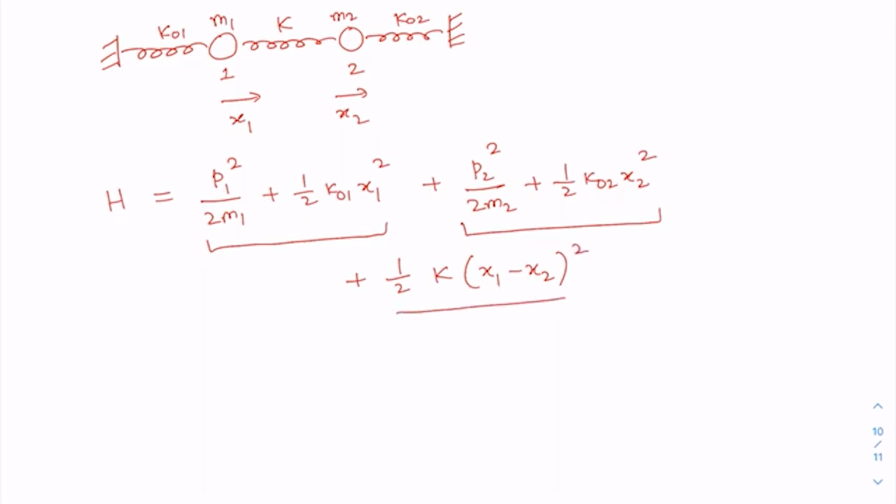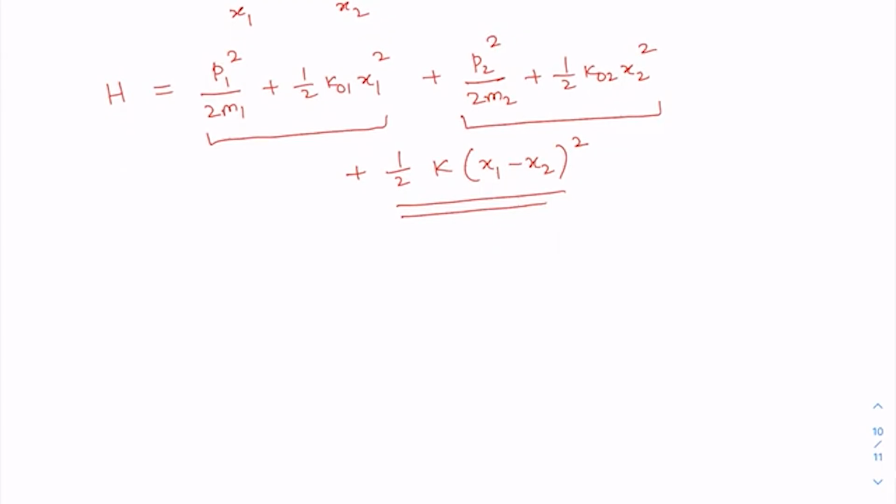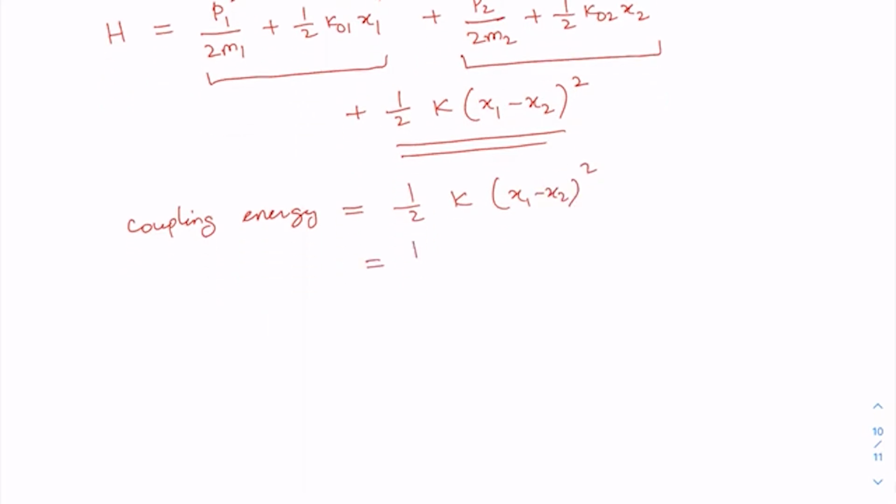So this term is very important, so let me analyze it a little bit further. This coupling energy term for the two oscillators is half k (x1 minus x2) squared. If I open it up, I will get half k x1 squared plus half k x2 squared minus k x1 x2.